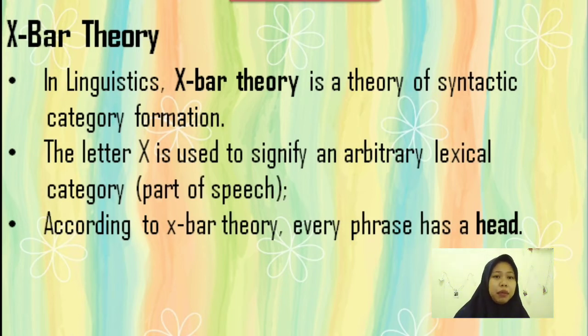It will be a symbol like N, V, it can be A or P. And then according to X-bar theory, every phrase has a head. For the noun phrase, the head is a noun.